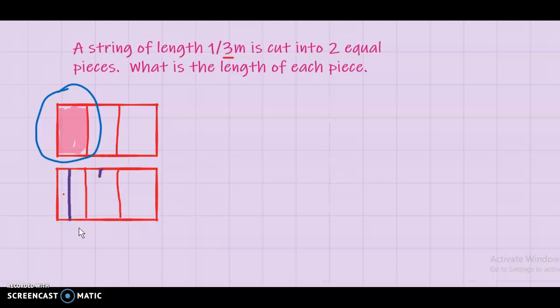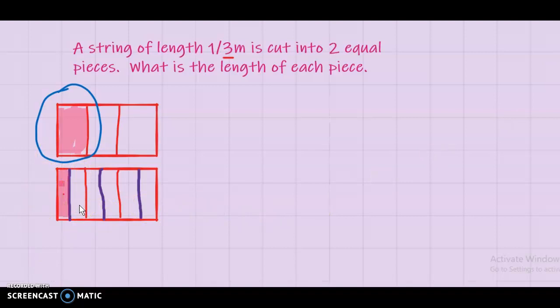I'm going to cut this third into halves and this third into halves. And now I'm going to shade in half of the 1/3. So that's half of the 1/3.